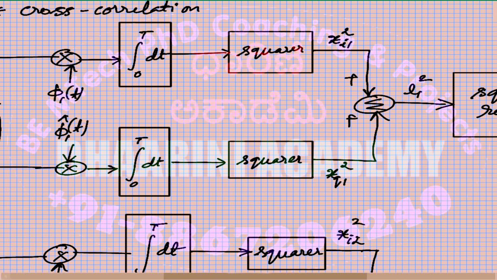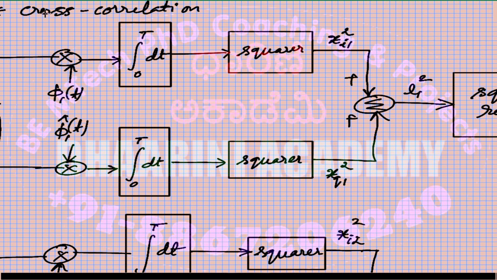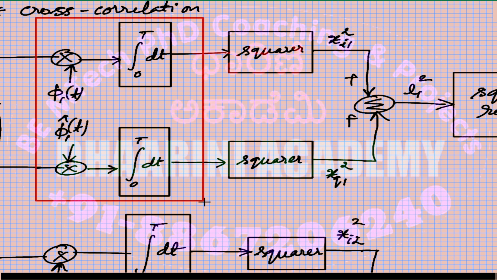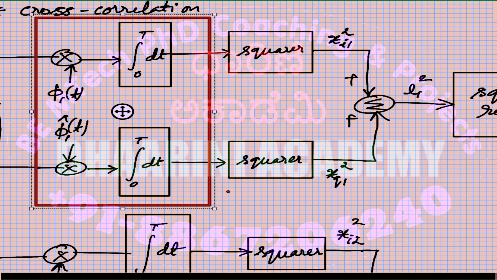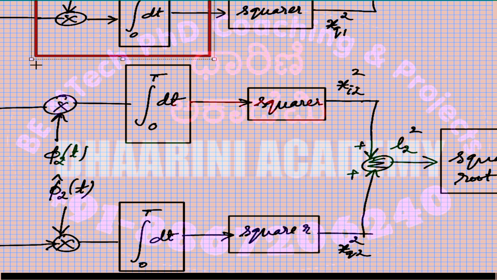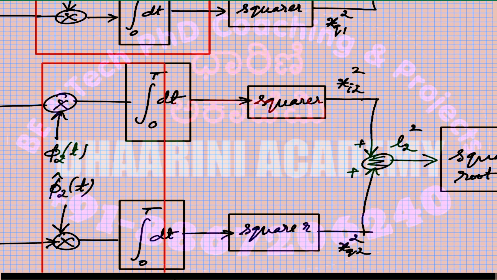So you see, whatever I write inside the red color is a cross correlator. So this part is a cross correlator circuit. You multiply and integrate, the integrator is a cross correlation. Again, there is another cross correlator present over here.